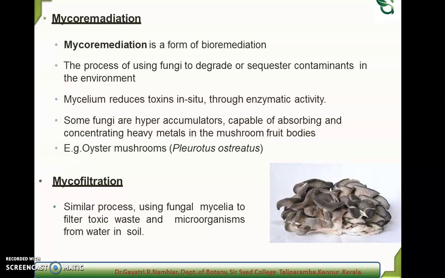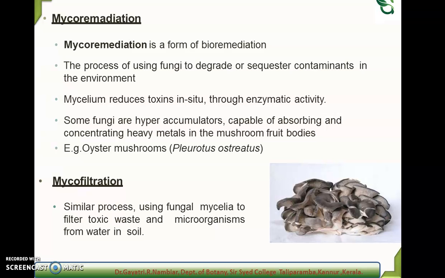Example, oyster mushrooms or Pleurotus. And mycofiltration is a similar process, using fungal mycelia to filter toxic waste and microorganisms from water and soil. So mycoremediation and mycofiltration is another process where fungi are highly used.